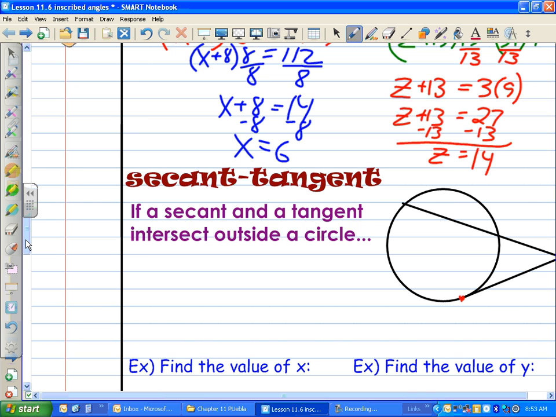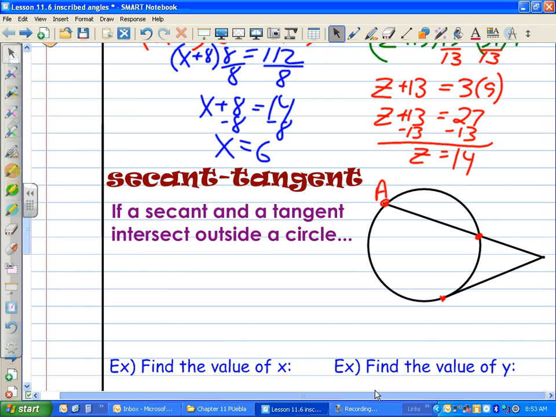If the secant and a tangent intersect outside a circle, let's label this. A, B, C. Let's call this one D. What do you think it is?